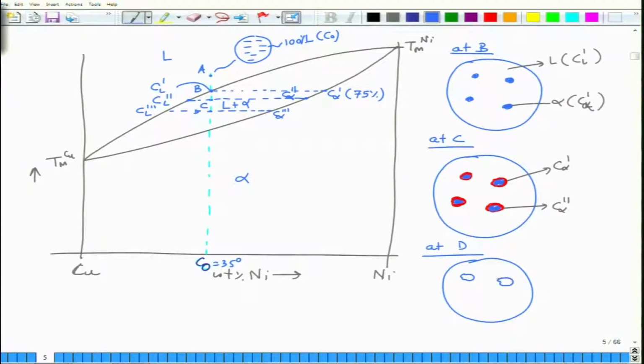So this is the first alpha which formed at T1. Don't worry about the sizes, these are just schematic diagrams. This is the alpha which was added to the previously formed alpha at T2, and the next one which will form at T3 will be something like that. What you will now have is this of composition C alpha prime, this of composition C alpha double prime, and this of composition C alpha triple prime.